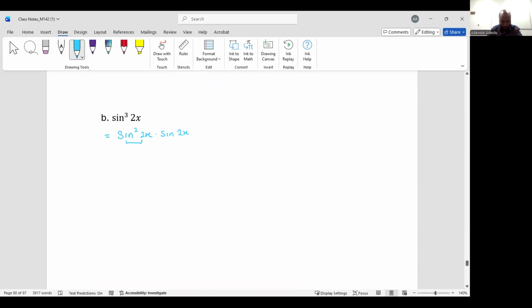Okay, now the reduction formula for sine squared of x is 1 minus cosine of 2x divided by 2. However, instead of x here, I have 2x. So instead of x here, I will have 2x. So that becomes 4x.